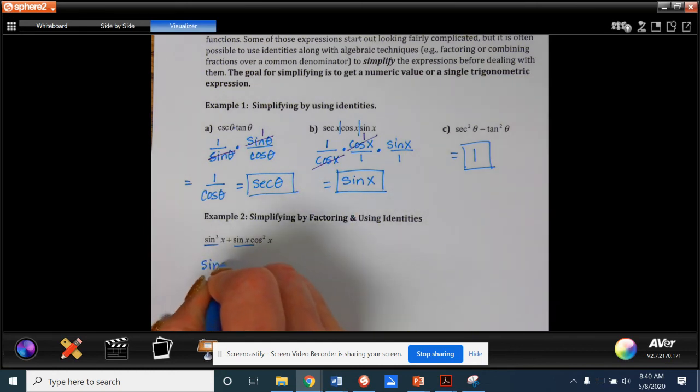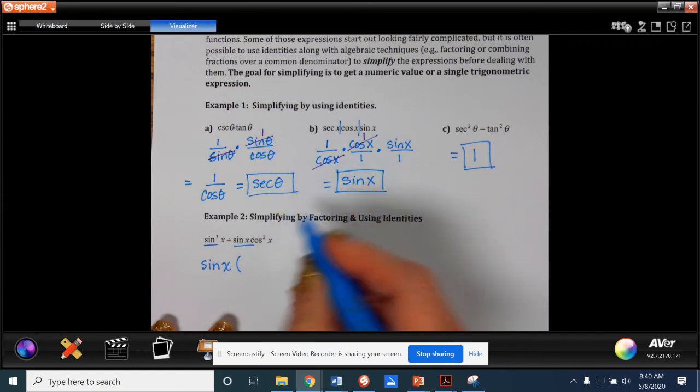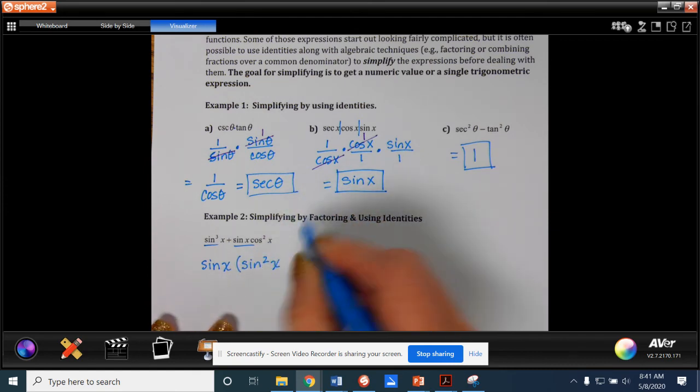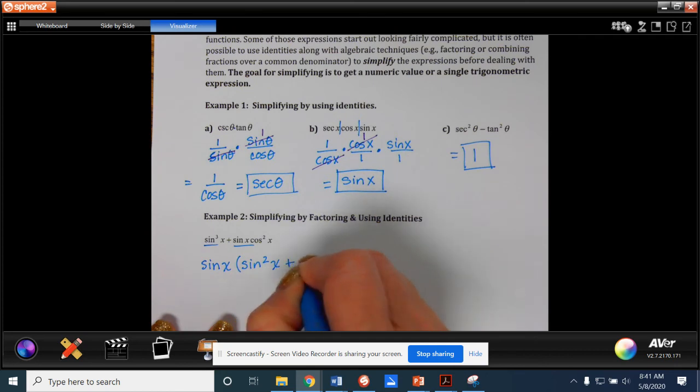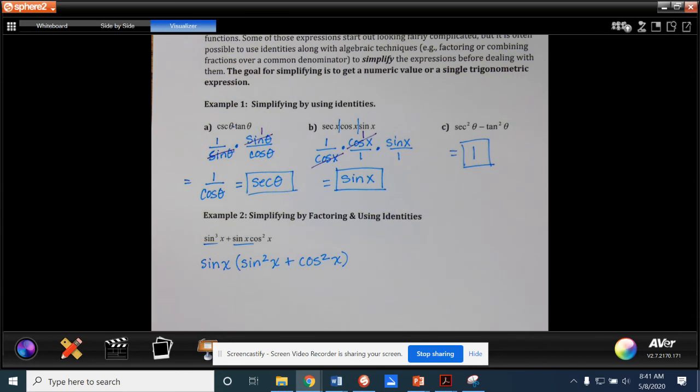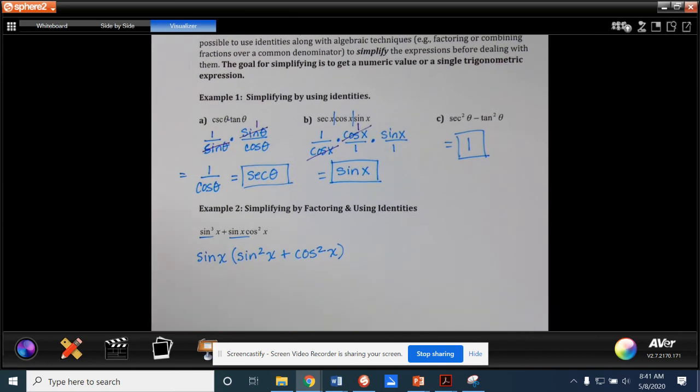If I factor out sine x, I would have sine squared x plus cosine squared x. And if you're not terribly sure if you did it right, well, then multiply back in. Sine times sine squared, well, that's an exponent.